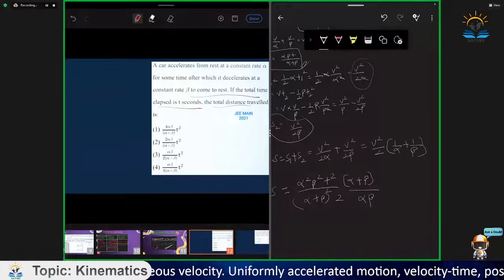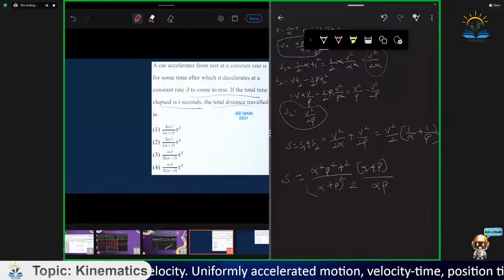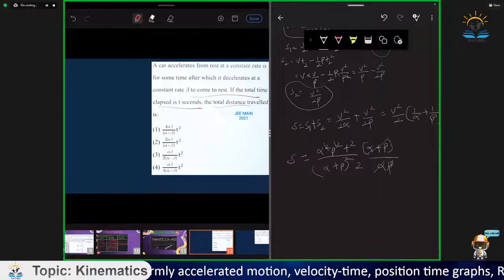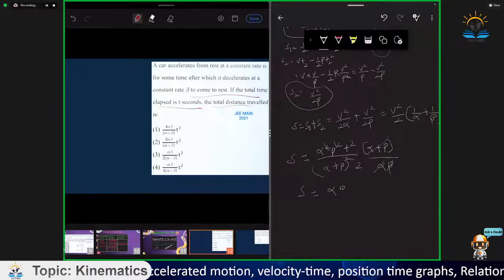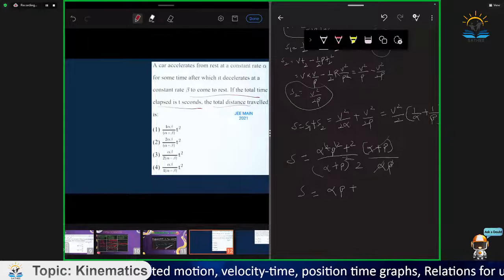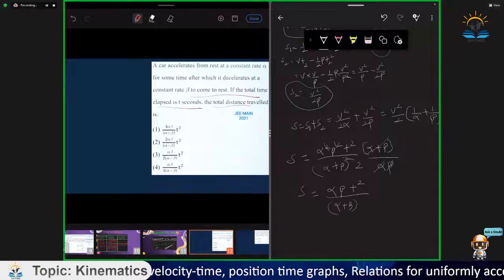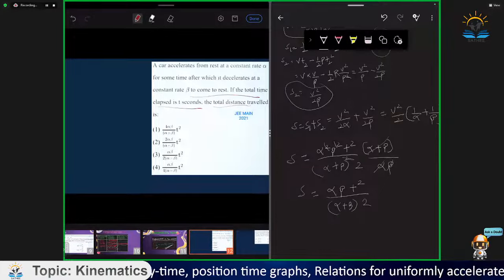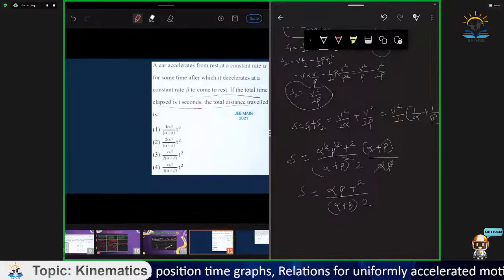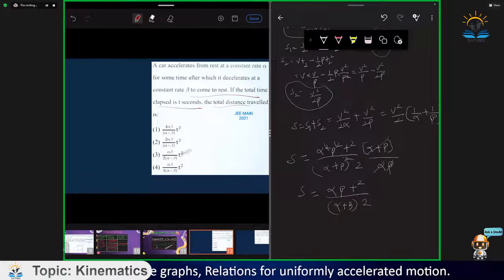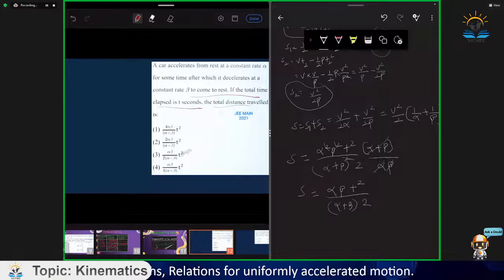So alpha plus beta, one alpha plus beta we can cut here, one alpha, one beta we can cut here. So S will be alpha beta t square divided by alpha plus beta into 2. So alpha beta t square divided by 2 into alpha plus beta. So the answer is option number 3.